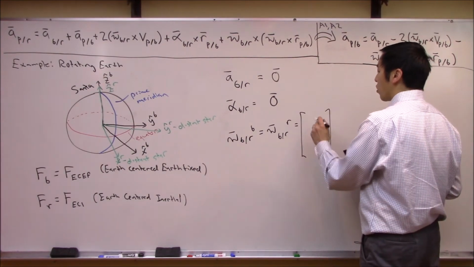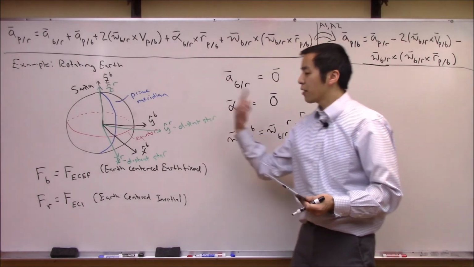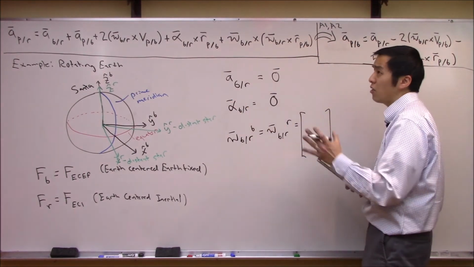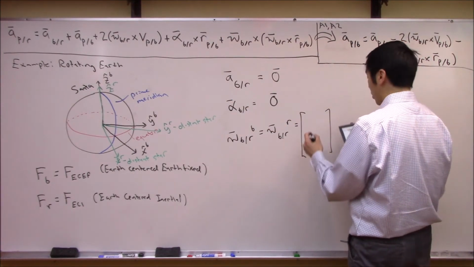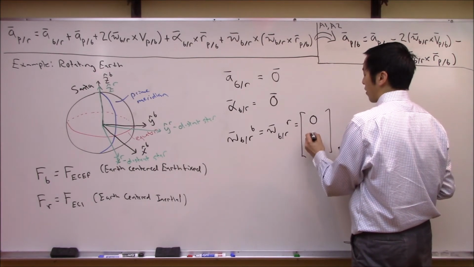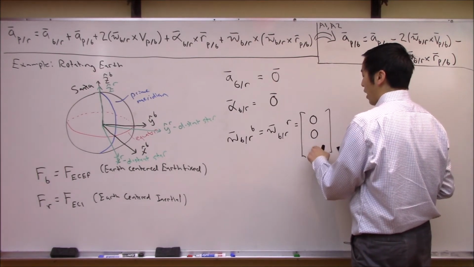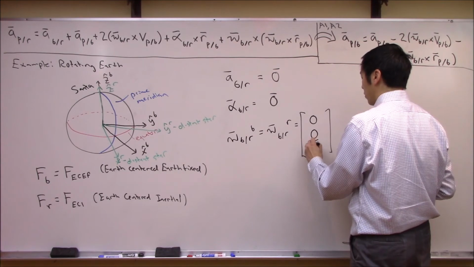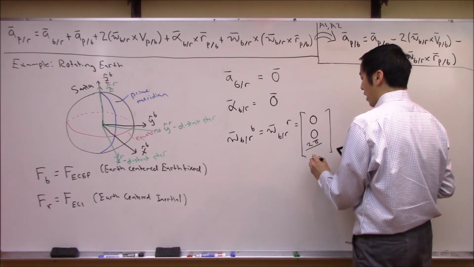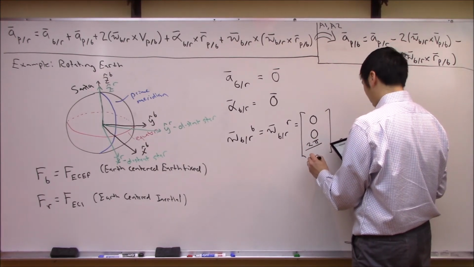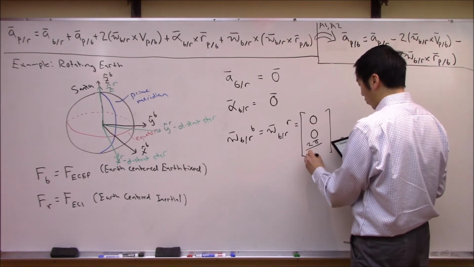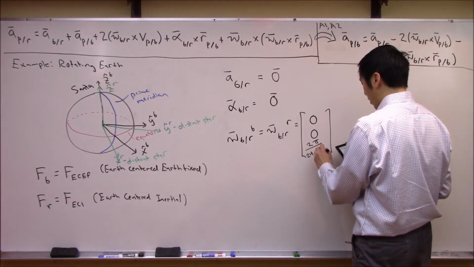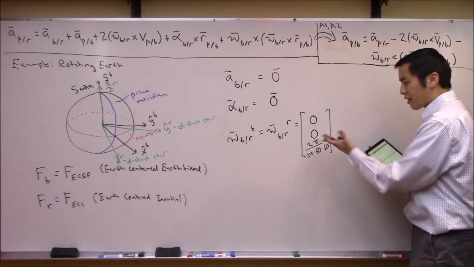So the way this thing spins, we saw it spinning around. The east coast gets the sun first, so I think there's no component in the x, there's no component in the y, and it makes approximately 1 revolution, 2 pi, in 1 day. So in seconds, it's 24 hours times 60 minutes times 60 seconds per minute, something like that, right?